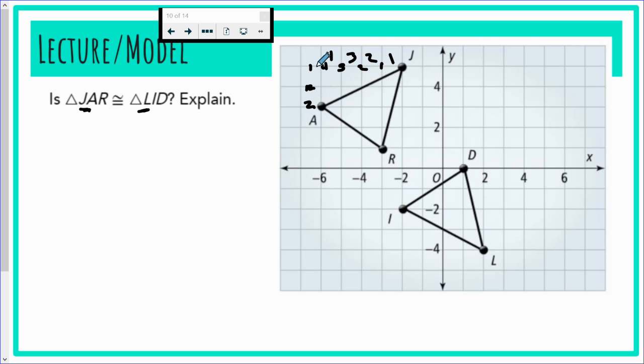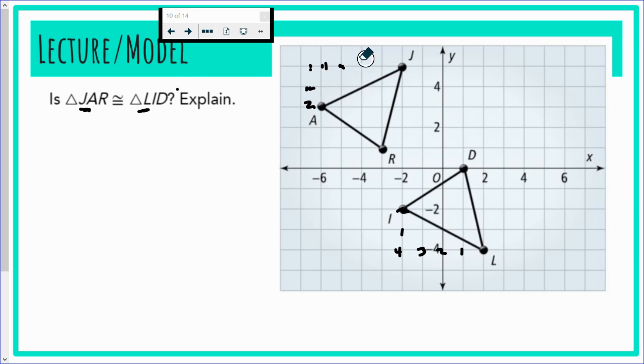So we go over 4, down 2. Now let's look at side LI. We go over 4 and up 2. So JA and LI are congruent because our X moves 4 and our Y moves 2.